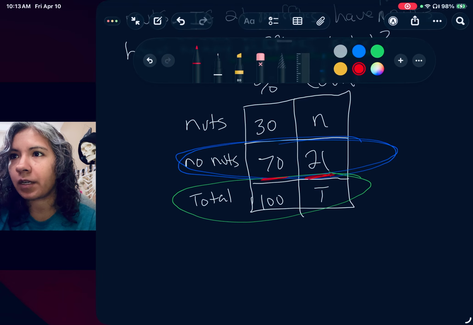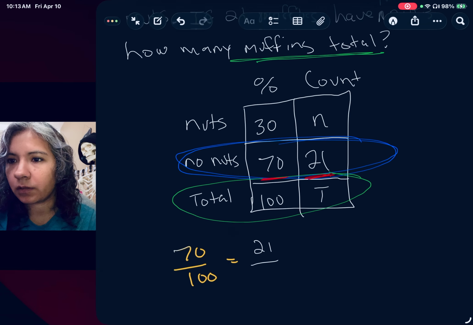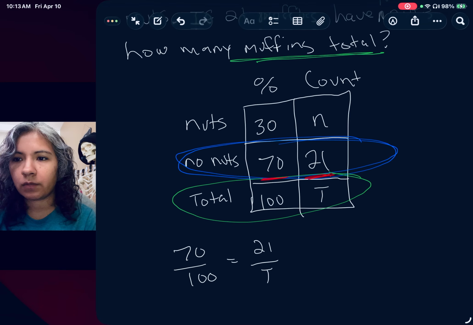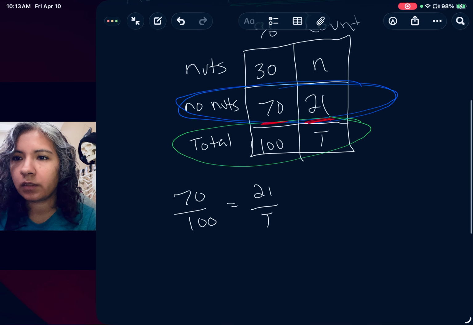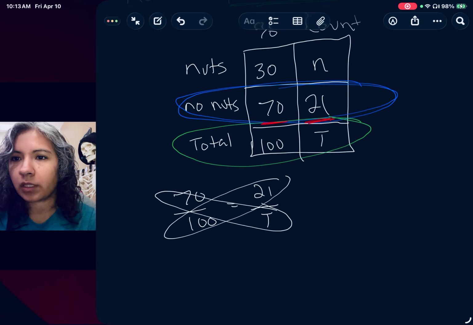So we just rewrite this as 70 over 100 equals 21 over t. And then we go ahead and cross multiply, or get rid of the fractions on the bottom.